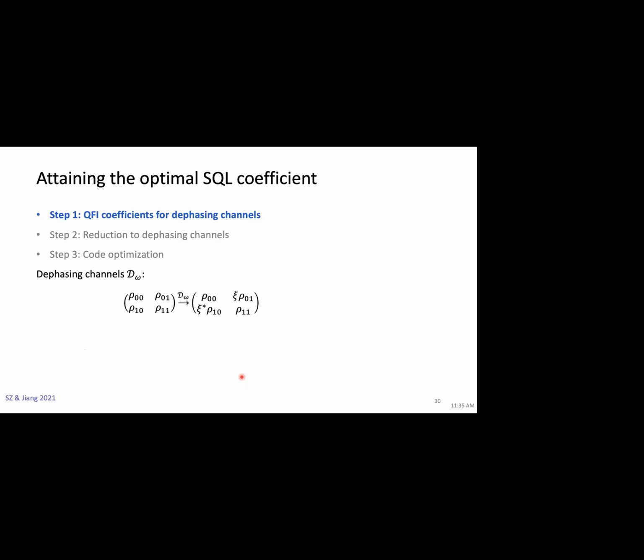So the strategy basically goes like this. We first consider the special case where the quantum channel is a dephasing channel. By dephasing channel, we don't mean the traditional dephasing channel, but we mean a situation where we have a quantum channel which goes like this. We have only 1 qubit, but the amplitude of this off-diagonal term is going to be Cauchy times the original amplitude.